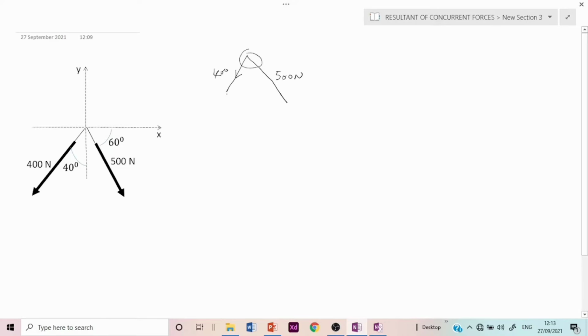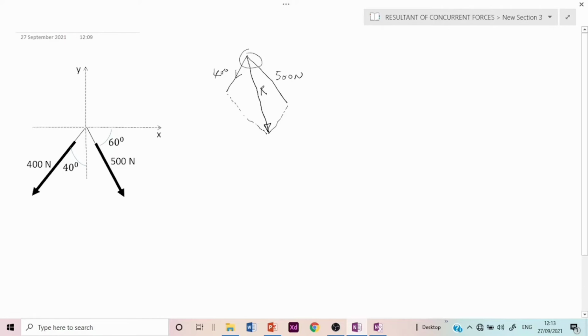But before we draw the diagonal, it is important we first make it a closed parallelogram. So if we've closed this, we can easily draw the resultant from the point of intersection of the two forces.